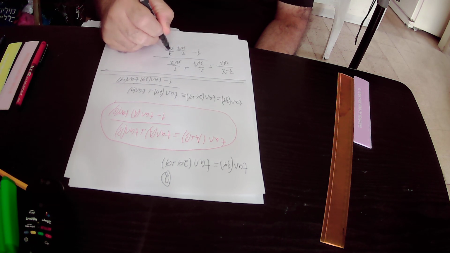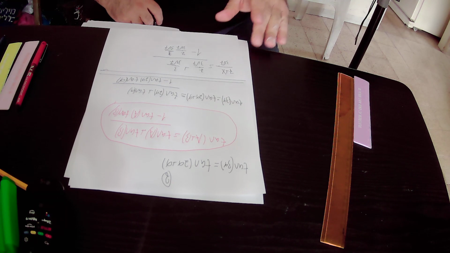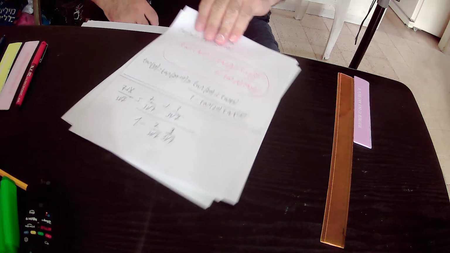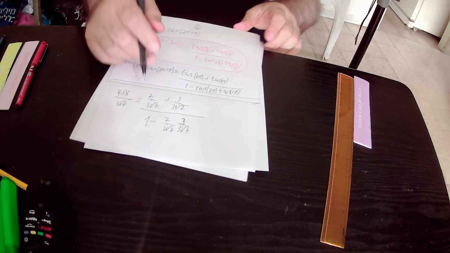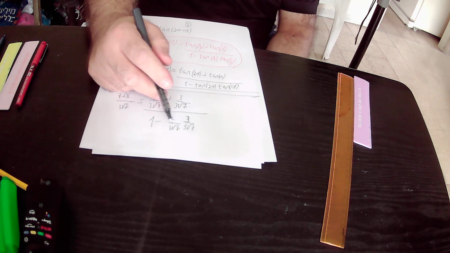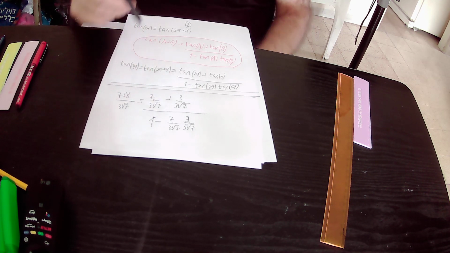Okay? So here, in order to have a common factor with this expression, we will substitute 1 by 3 times root 7 times 3 times root 7 over 3 times root 7 times 3 times root 7.